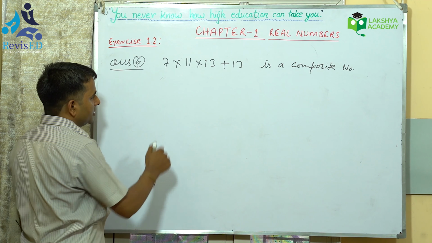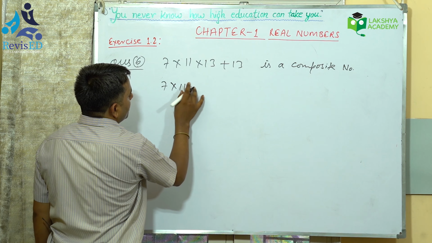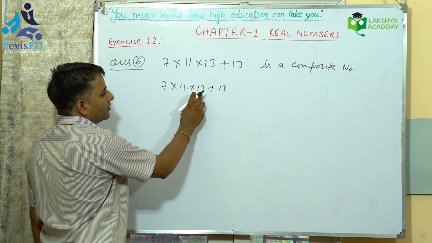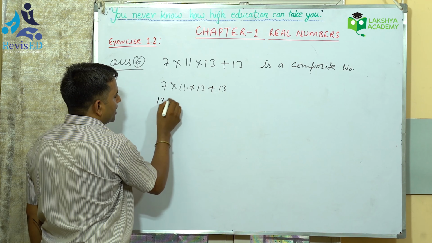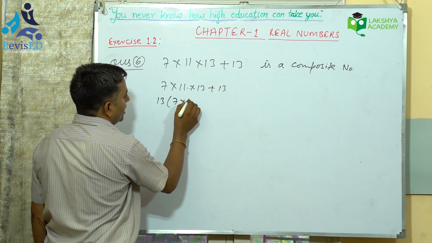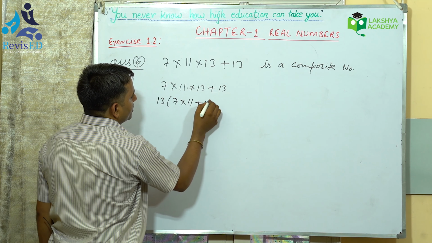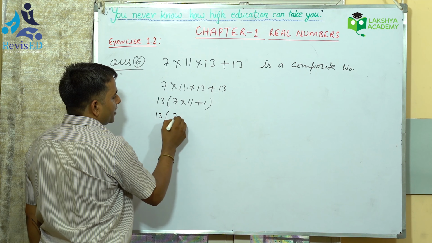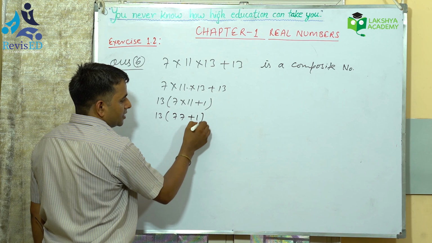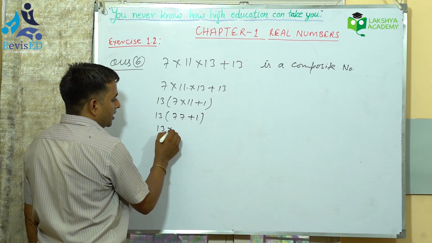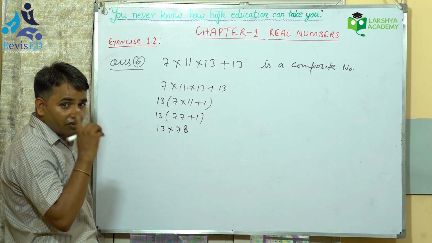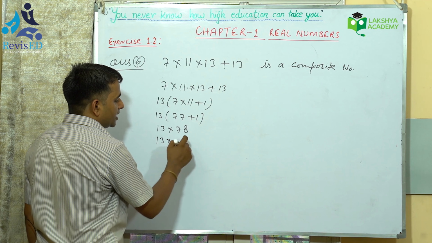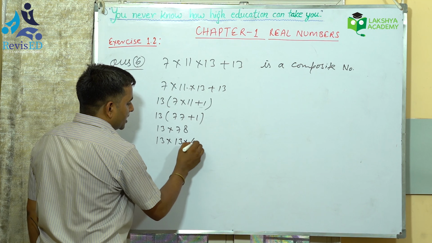So 7 into 11 into 13 plus 13. We can take 13 as common because 13 is here and 13 is here. Taking 13 as common, this is 13 times (7 into 11 plus 1). 7 into 11 is 77, plus 1. So this is 13 into 78. We can rewrite 78 as 13 into 6.